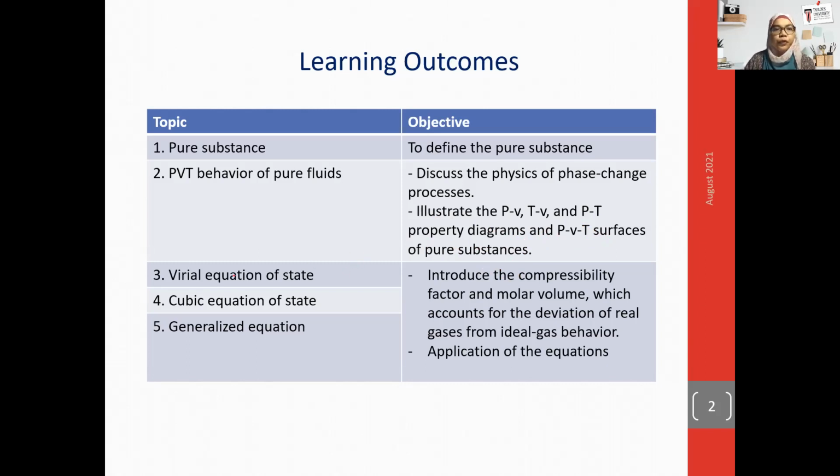Then we move to the equations of state, which are categorized into virial, cubic, and generalized equations of state. By this we introduce the compressibility factor, Z, and molar volume, which account for the deviation between real gases and ideal gas behavior.